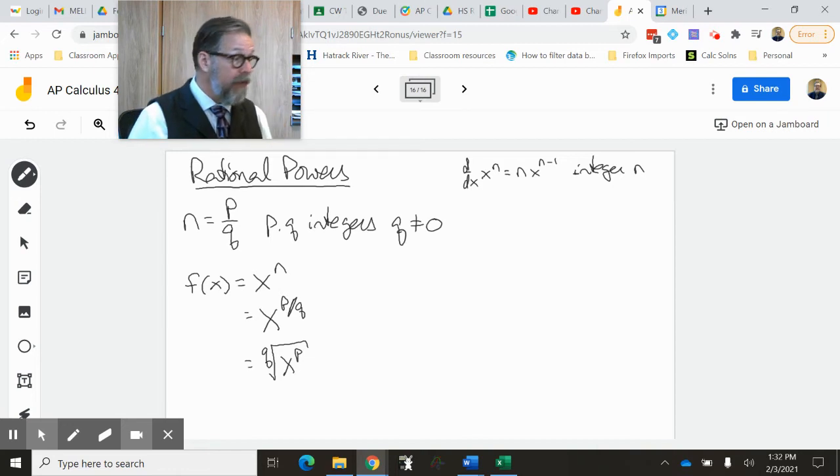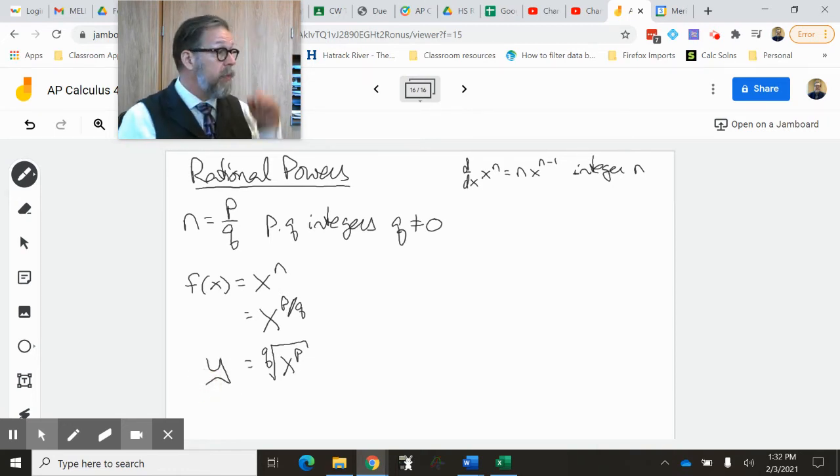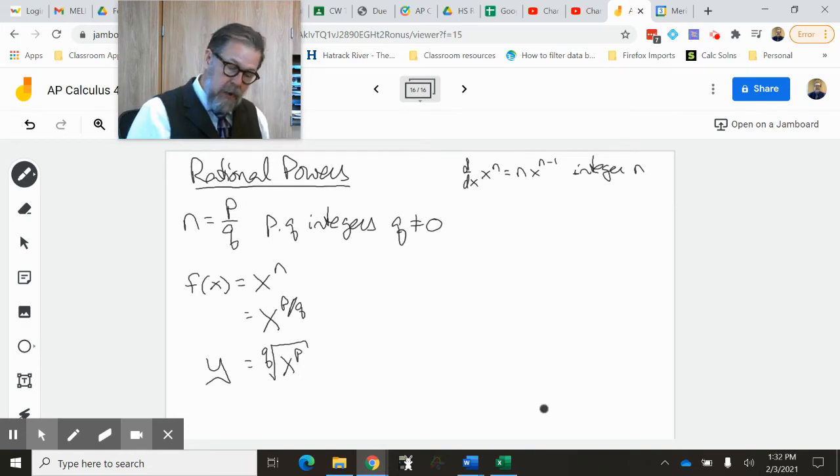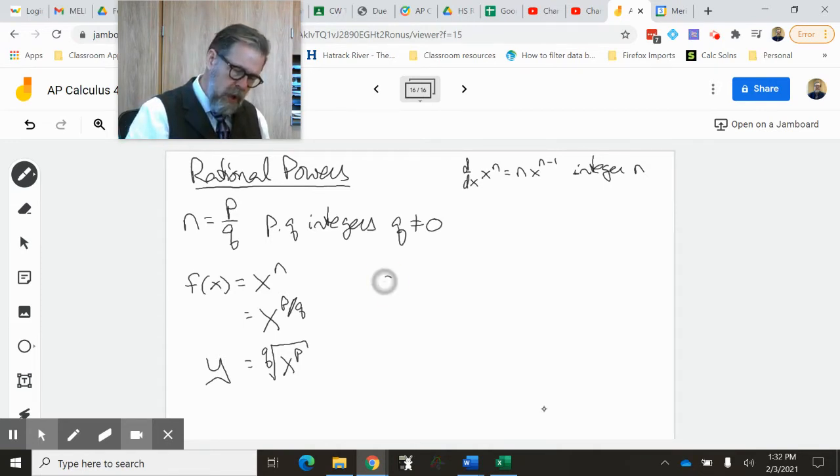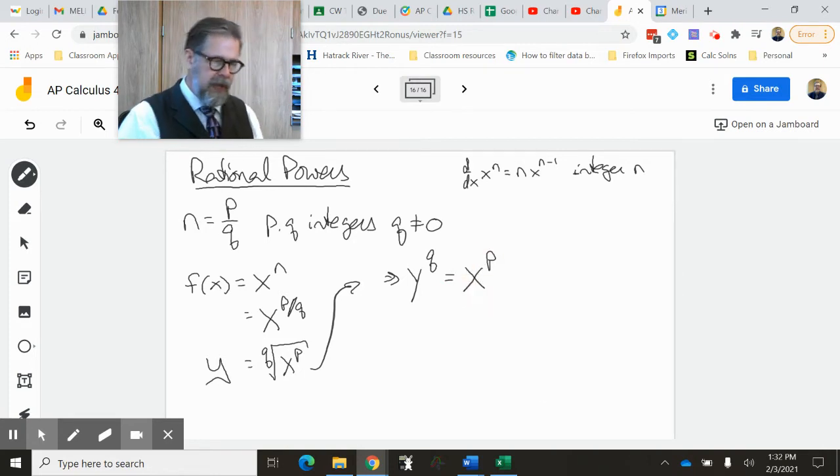So what we've got here is that y is equal to the qth root of x to the p. And I'm going to get rid of that radical symbol by taking both sides to the qth power. So this implies that y to the power of q is equal to x to the power of p.